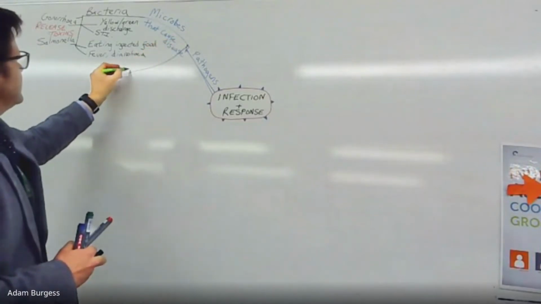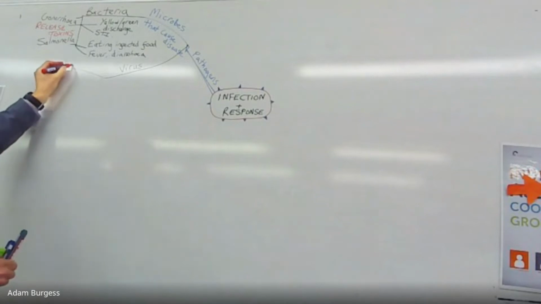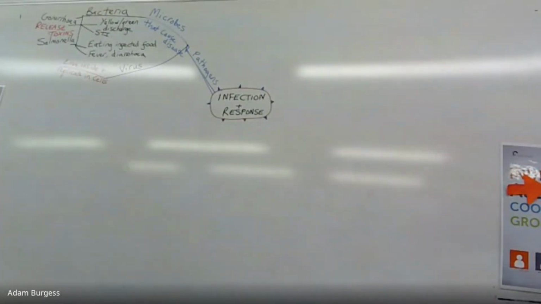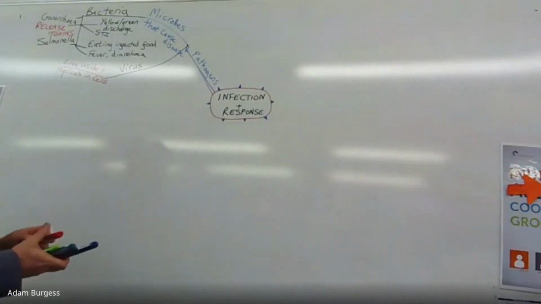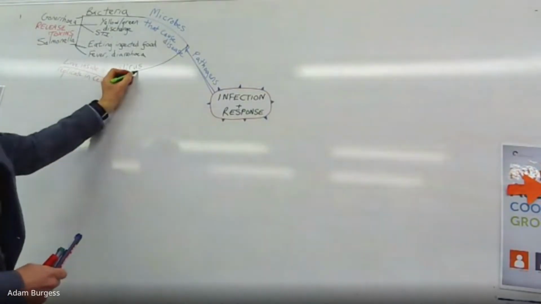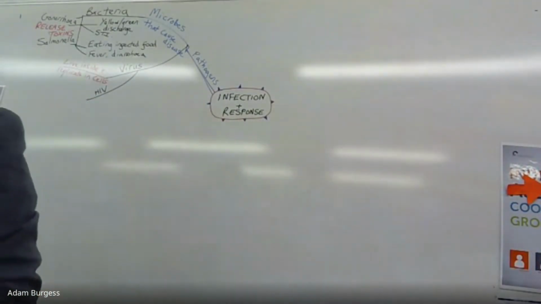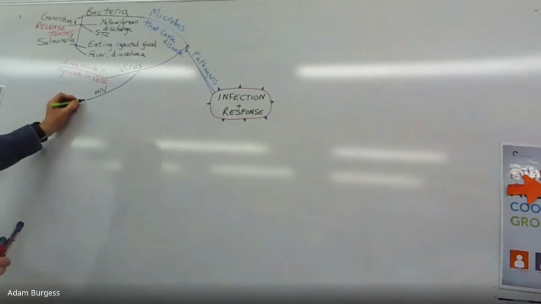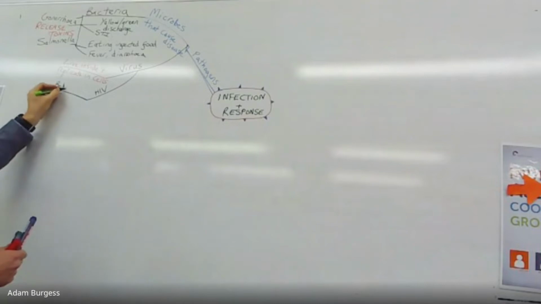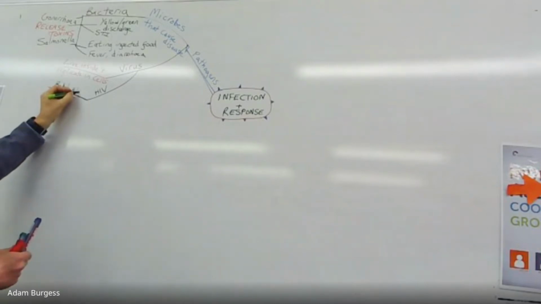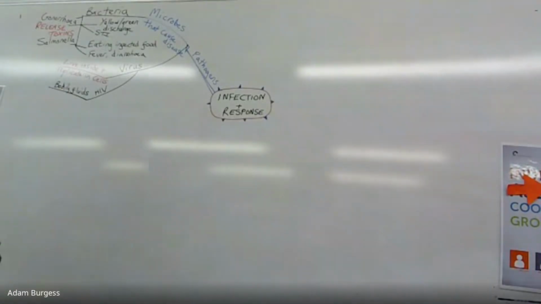Okay, let's go down here. We'll talk about viruses. We're saying that they live inside host cells. And there are 2 types of viral disease we need to know about. First one is HIV, or human immunodeficiency virus. It's transmitted by bodily fluids, things like blood, and also from sexual contact.